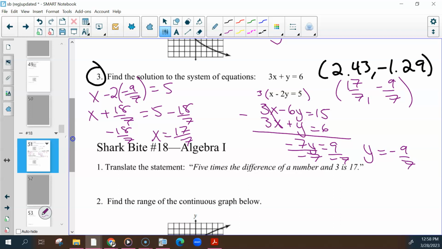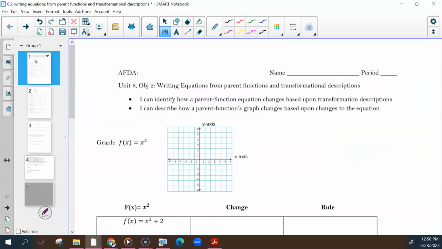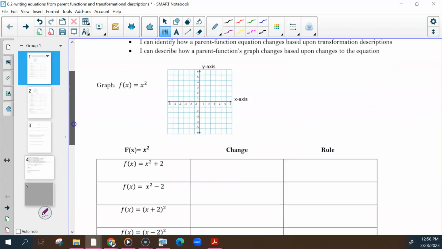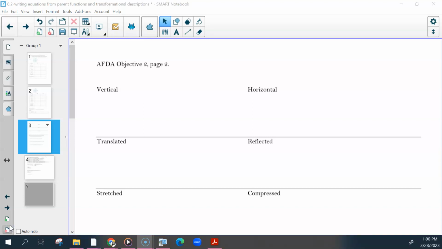Alright, so if you don't already have your notes out from last class that look like this, on front, take those out, but turn to this page. Okay, so today we're going to finish these notes.